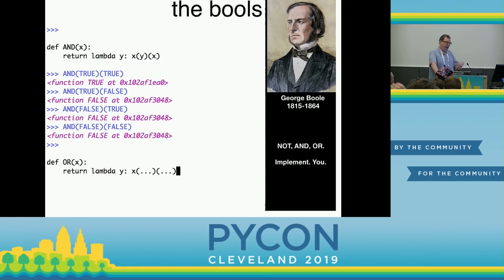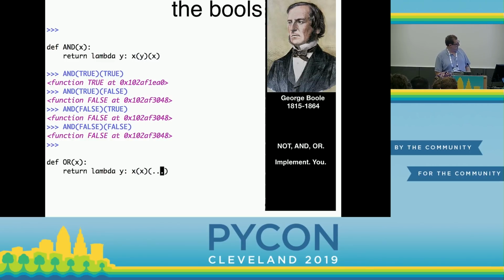Well, think about the or logically. If the first argument to the or was true. You just gotta switch the order of the x and y to do the or. Yeah, if x was true, then you're done. It's x. So the behavior of or is if you're true, it's true, right?